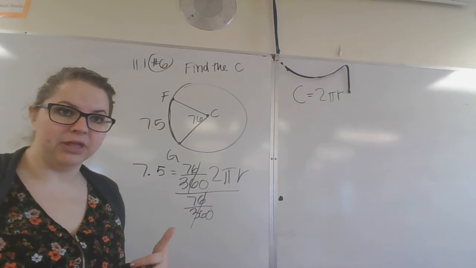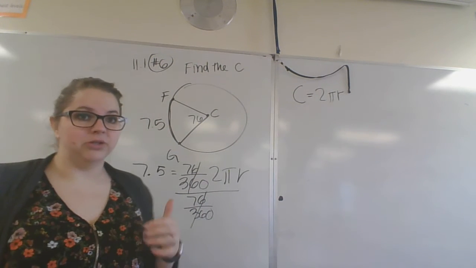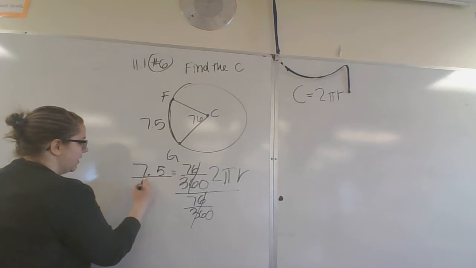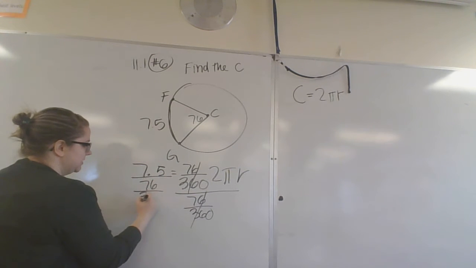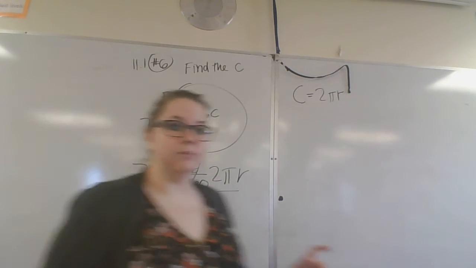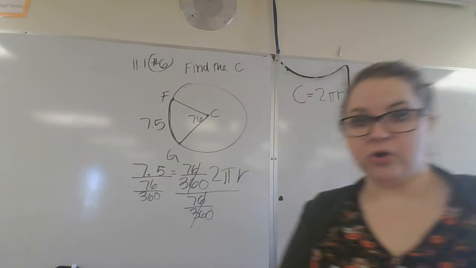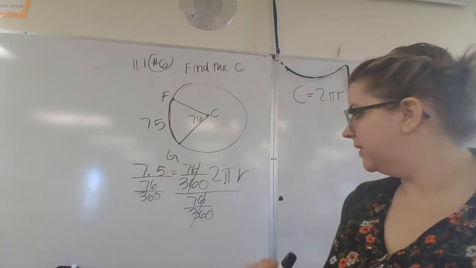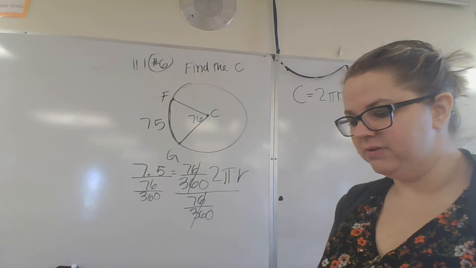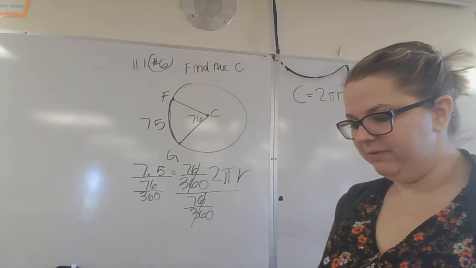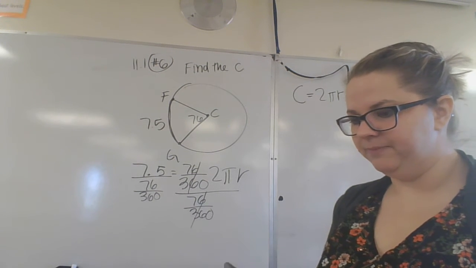Stick this in your calculator or go to Desmos.com, and it will help you out. Divide this by 76 over 360. If you're doing this on your phone, you should enter something like 7.5 divided by 76 divided by 360.